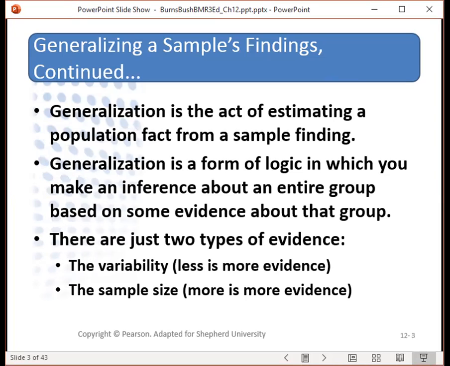There are two things that will affect the results, and that's going to be the variability and the sample size.